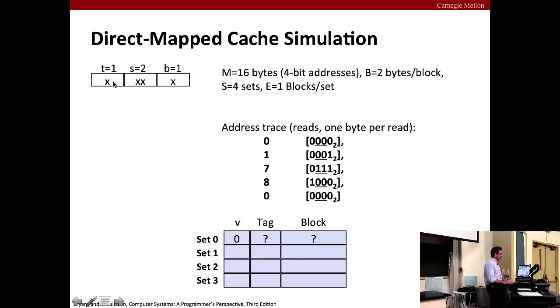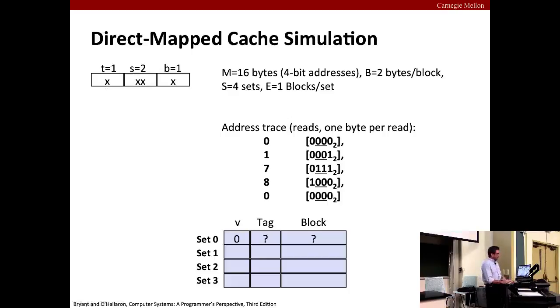Now, our 4-bit addresses: because B equals 2, that's 2^1, we only need 1 block offset bit. There's only 2 bytes in a block, so the byte we're looking for is either a 0 or a 1. Because we have 4 sets, we need 2 set index bits, and then the remaining bits are always tag bits. So in this case, there's just 1 tag bit.